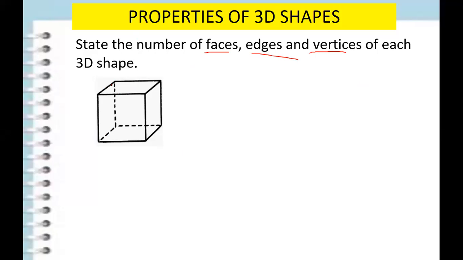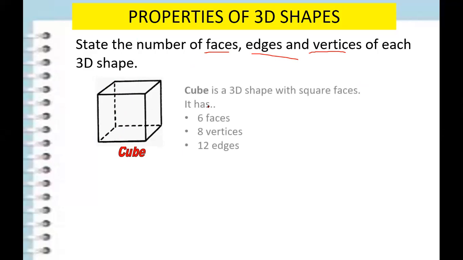So this is 1, and the other side 2, 3, 4, 5, 6. So a cube has 6 faces, and how many vertices? 1, 2, 3, 4, 5, 6, 7, 8.